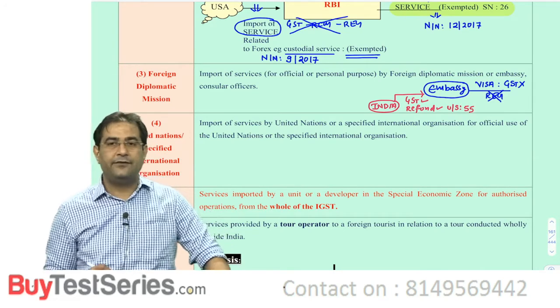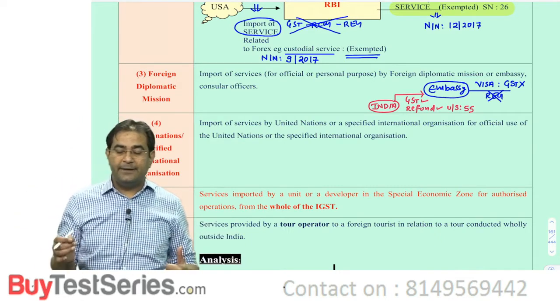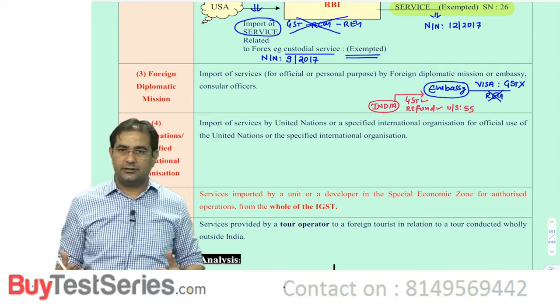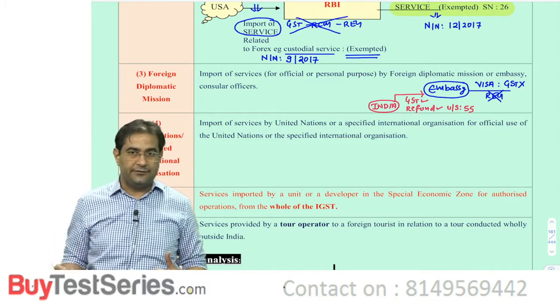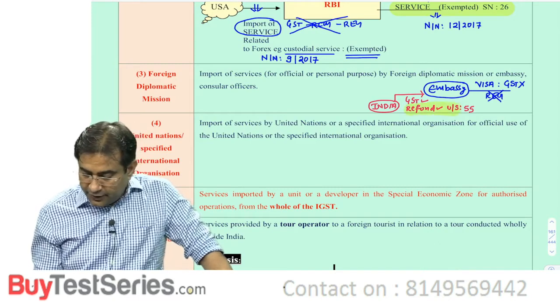General refund section is 54, but the embassy gets a special refund section, section 55. Embassy claims refund under section 55.